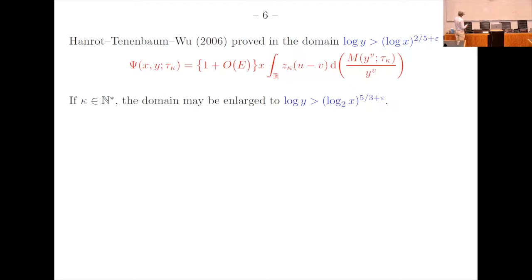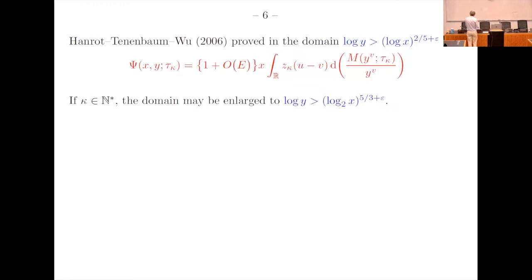So this is a function with a convolution with a measure, such a measure. So this is a summatory function of tau index kappa over y power v.